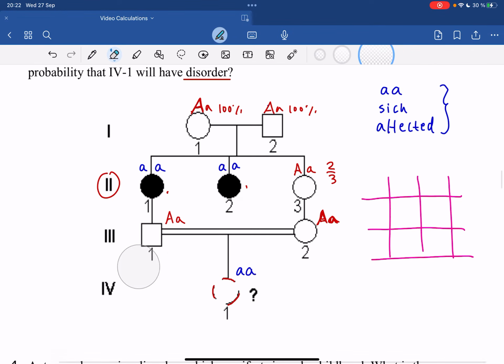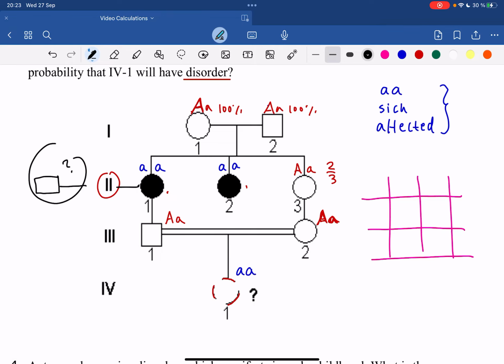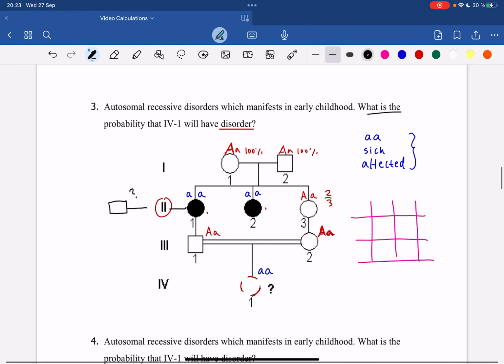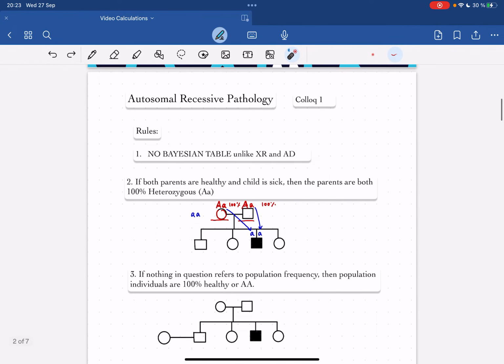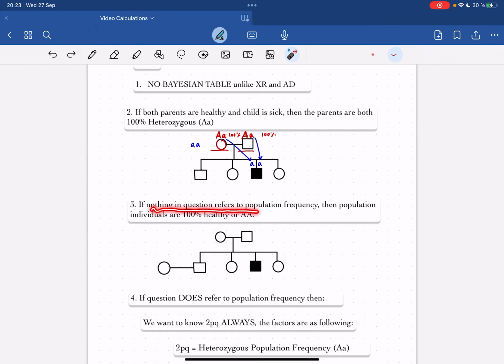You may ask yourself, well, we don't really know who the father of this person is. It's kind of just in the background. Who is the father? We don't know. He's unimportant. Why? Because we don't have any population thing in this question. And remember from one of the rules I had, if nothing in the question refers to population frequency, then population individuals are 100% healthy or AA.